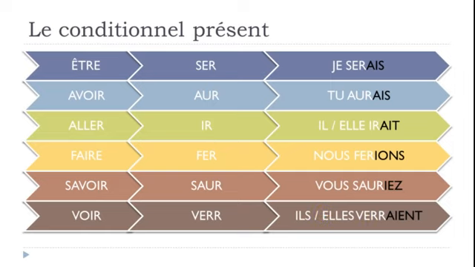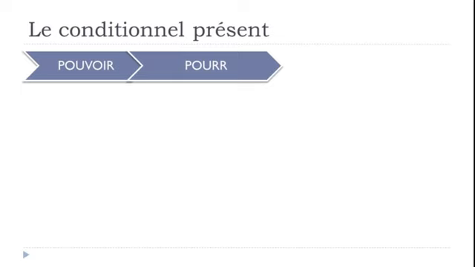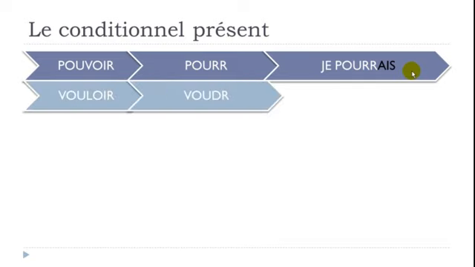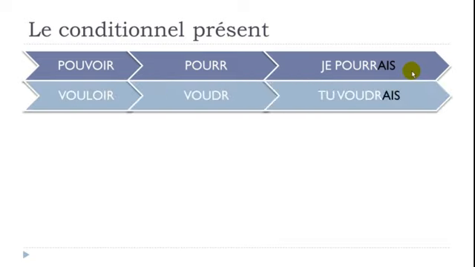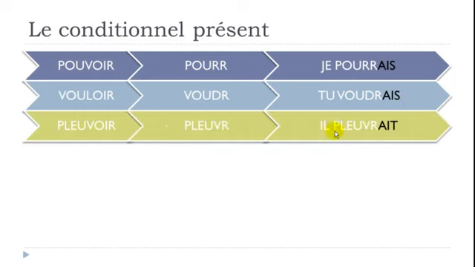All right, so one more list of exceptions. Pouvoir will become pourr: je pourrais. Vouloir will become voudr: tu voudrais. Pleuvoir will become pleuvr: il pleuvrait.